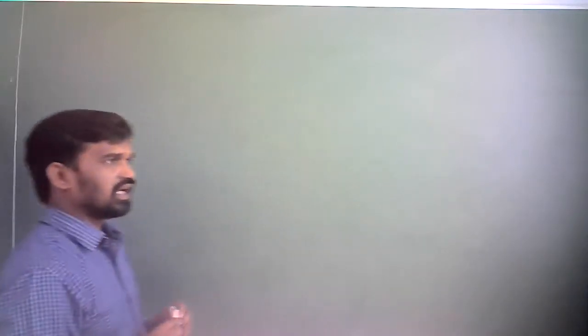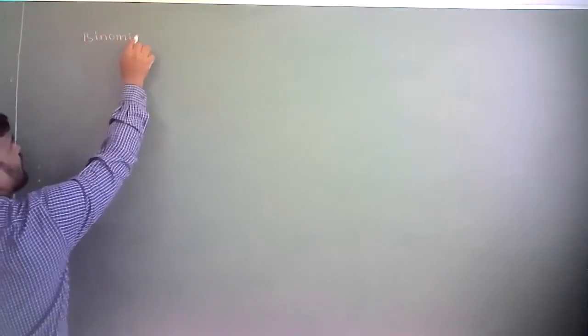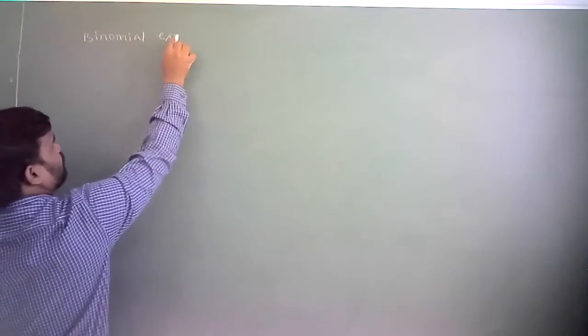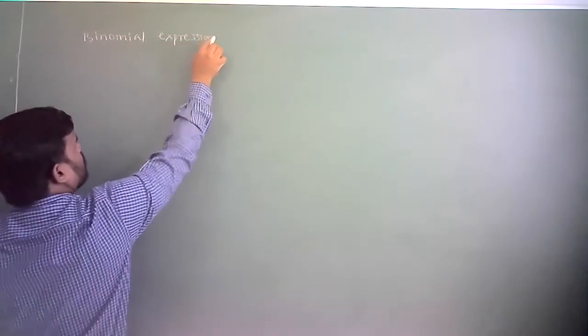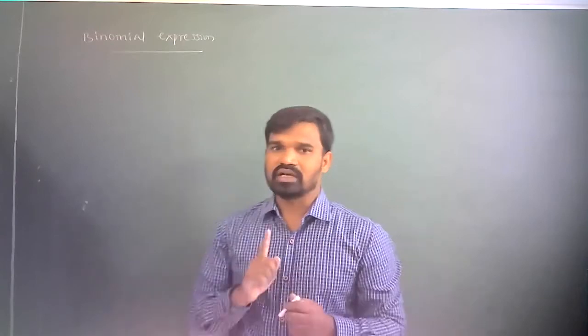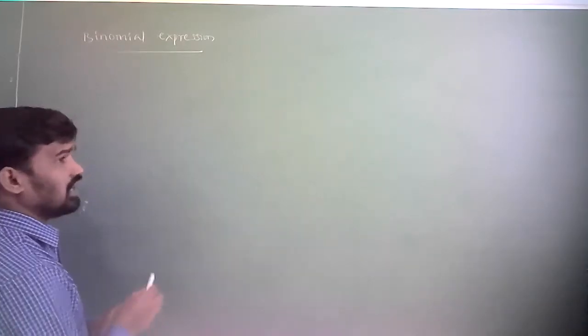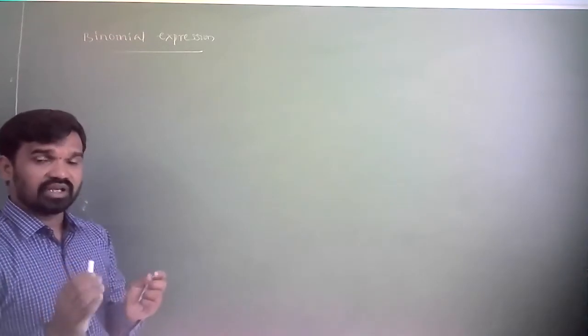So please listen carefully. First we have to know what a binomial expression is. A binomial expression is an expression containing only two terms. Those two terms must be dissimilar.